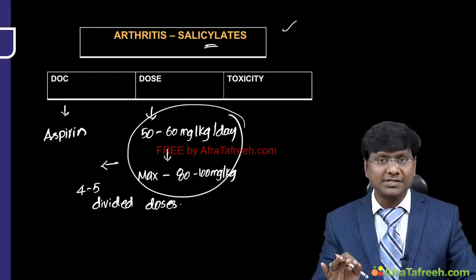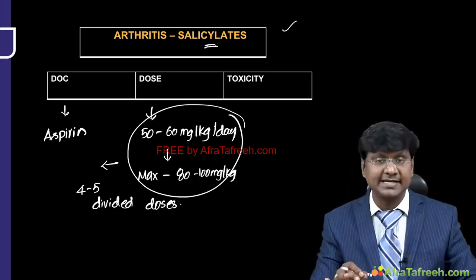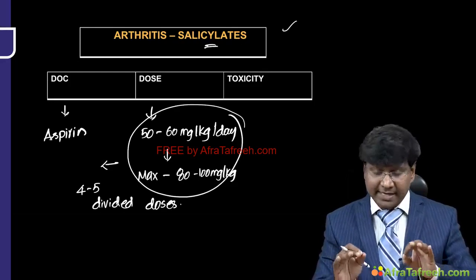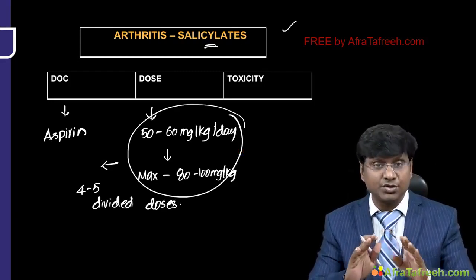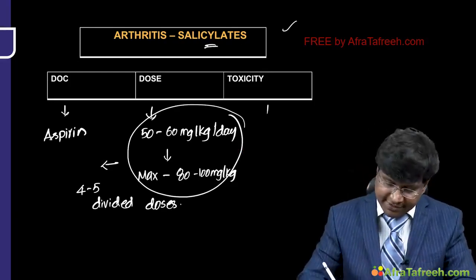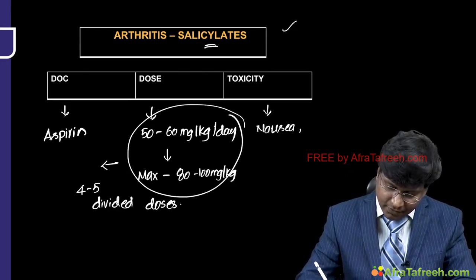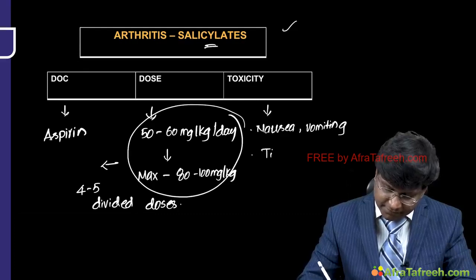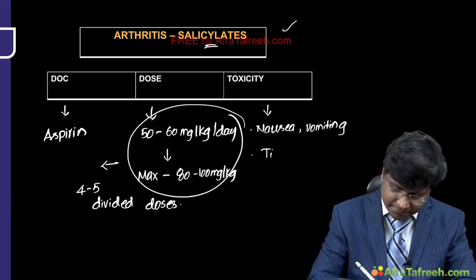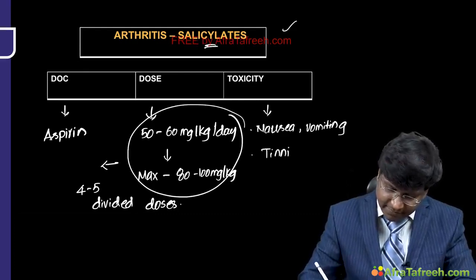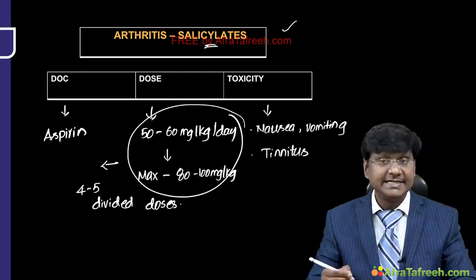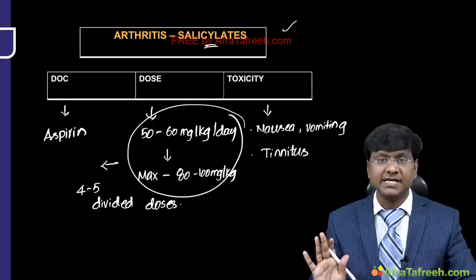Now, regarding the toxicity of salicylates or aspirin, you have to monitor very closely, because these patients can develop nausea, vomiting, and there can also be development of tinnitus if the symptoms appear.